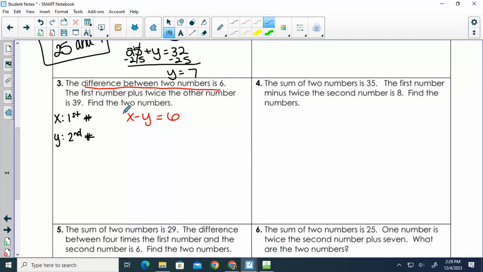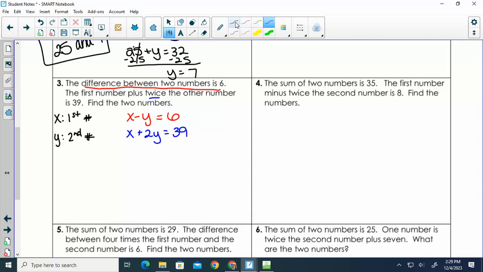The first number. So my first number was x plus twice the other number. So that would be 2y equals 39.